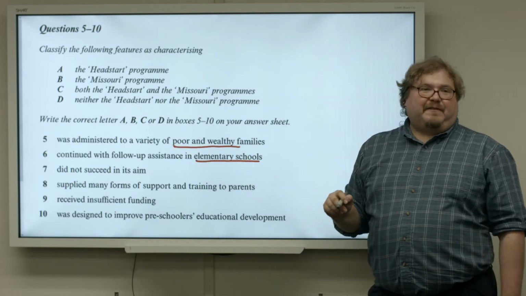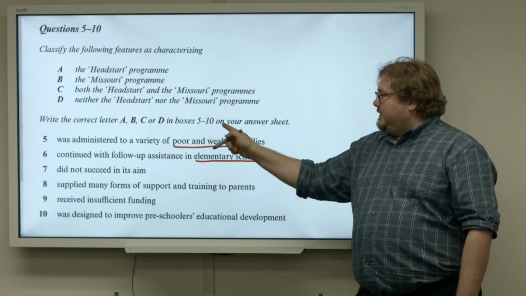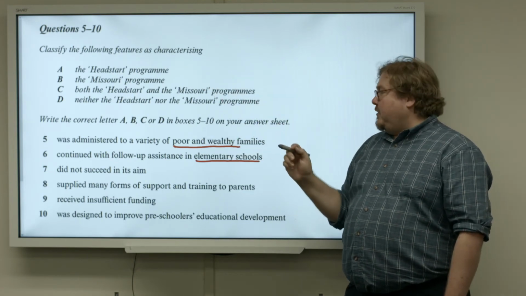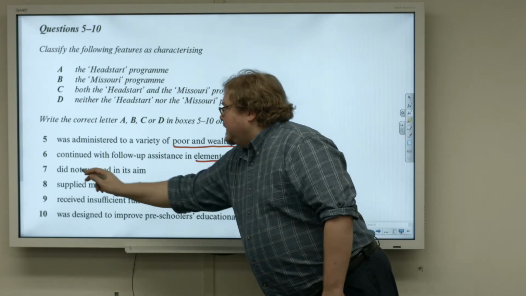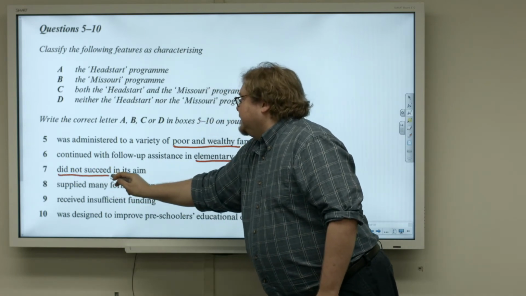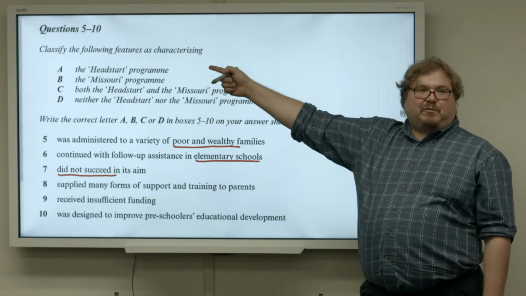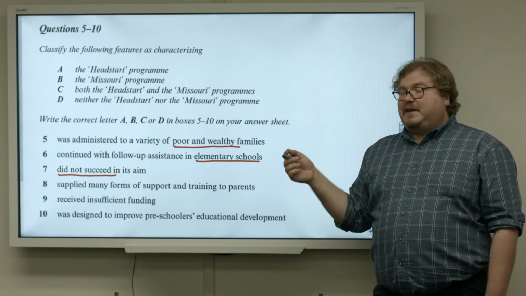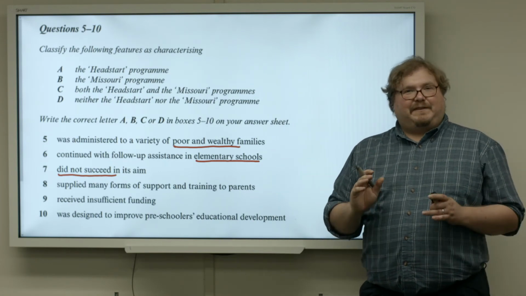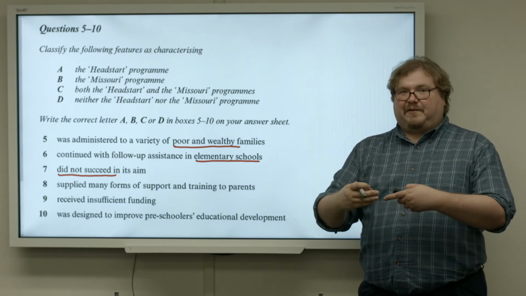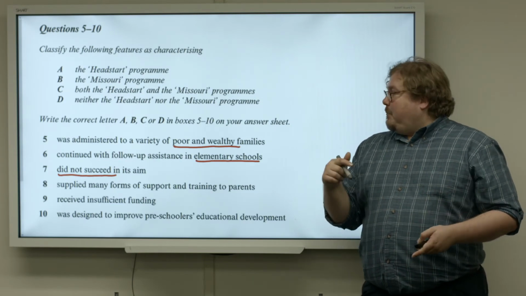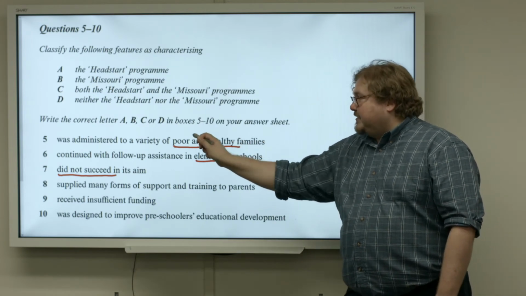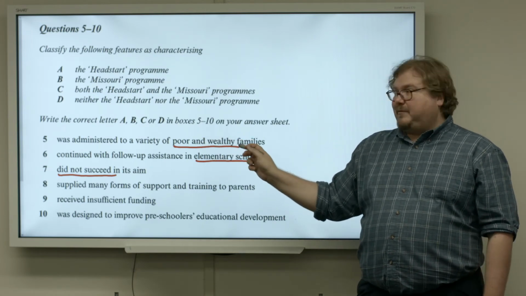Poor and wealthy families. Is it for both of those? Find out which program that works for. Did not succeed. Which of those programs is that true about? You have to go back. This one, there's very little chance that you will get it from a fast read, but you will still use your scanning to go back, look for something about poor families, rich families.